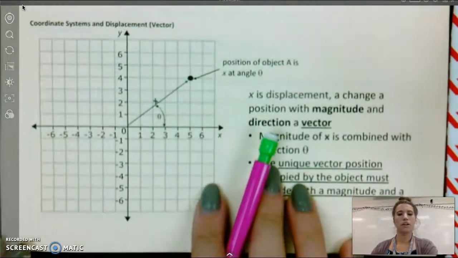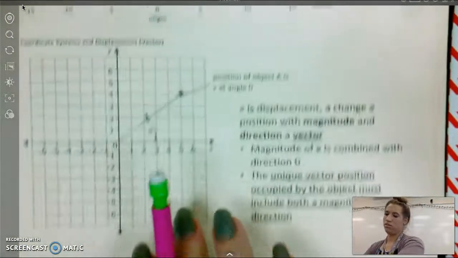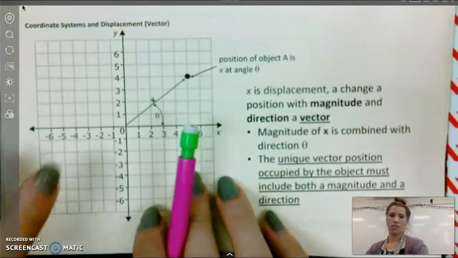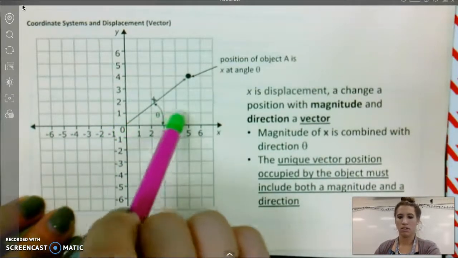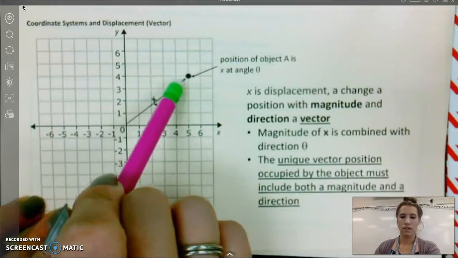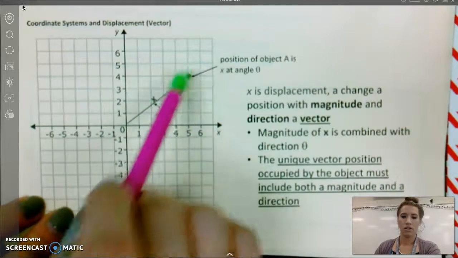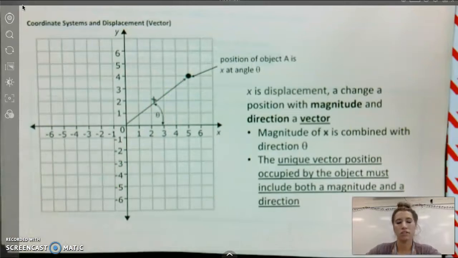Now, it doesn't also have to be linear. Let's make it 2D. Now we can look at displacement in the x and displacement in the y, and then that would give us the magnitude of our overall displacement vector.